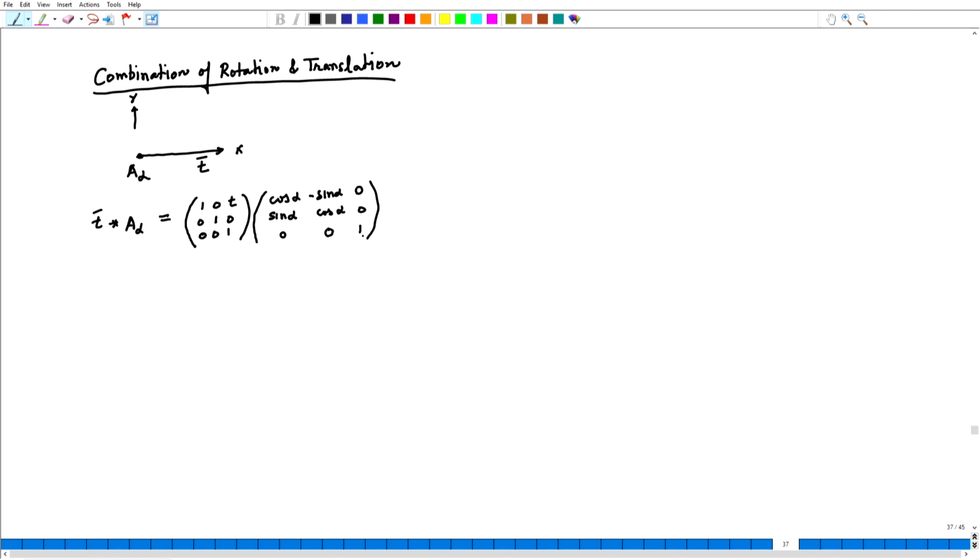Now, we multiply these 2 matrices, very simple. What one would get would be cos alpha, minus sin alpha, T, sin alpha, cos alpha, 0, 0 0 1.